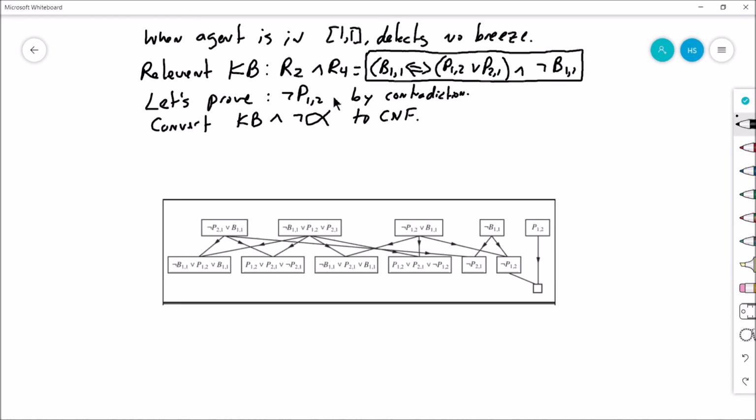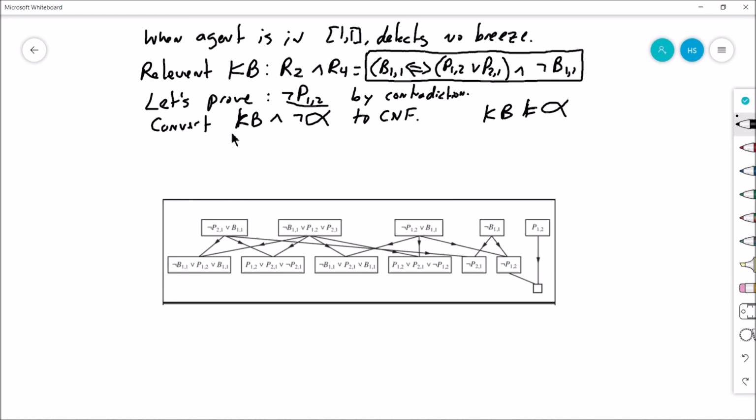And remember, this is done by trying to prove that there's no pit in 1, 2 by contradiction. So that means that we want to see if our knowledge base is going to entail our sentence alpha. In this case, the sentence alpha is no pit in 1, 2.